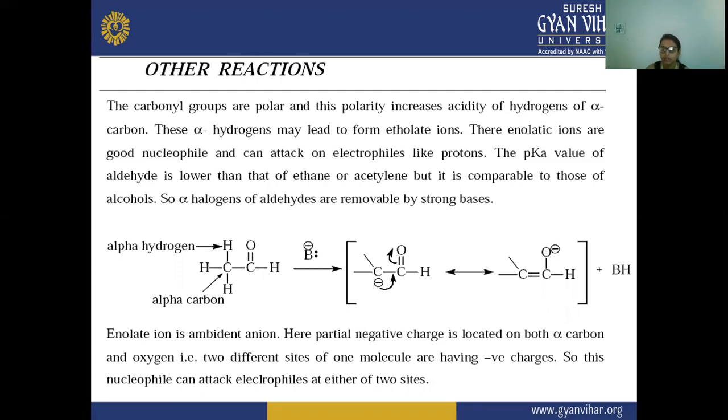This nucleophile, the enolate ion, can attack an electrophile, that is your proton. The pKa value of aldehyde is lower than that of ethane or acetylene, but it is comparable to that of alcohol.